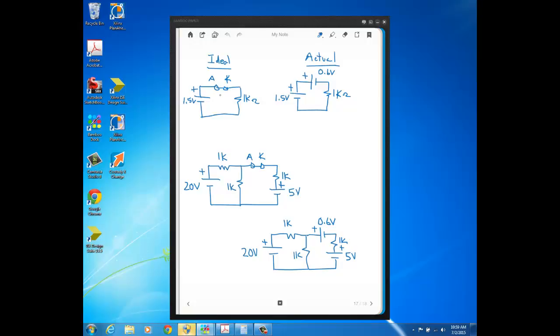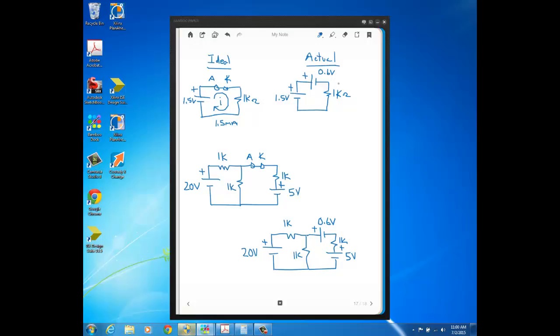We got that with the ideal diode model, making the reverse bias assumption, as we did in one of the first videos. And we saw that current flows like this, because current's going to flow anode to cathode through the diode, and it flows from the plus side to the minus side of the source. And the amount of current here would just be 1.5 volts divided by 1K, which is 1.5 milliamps. Okay, so we did that.